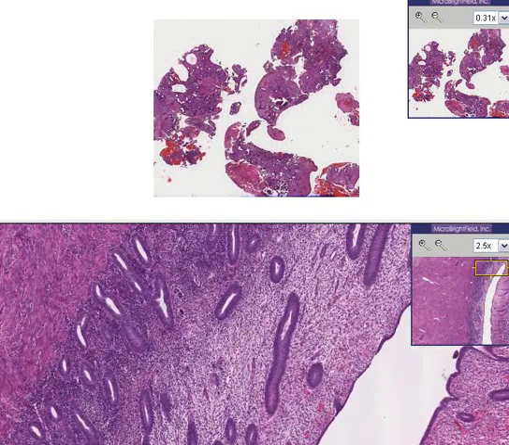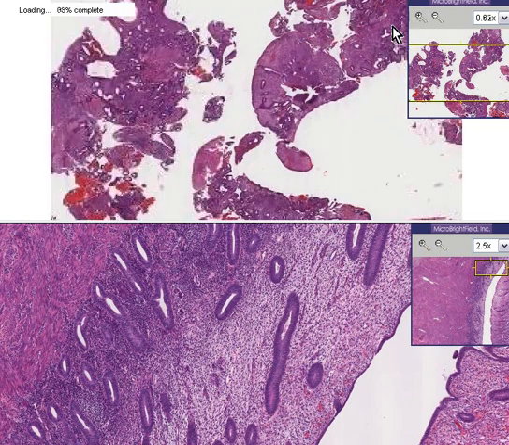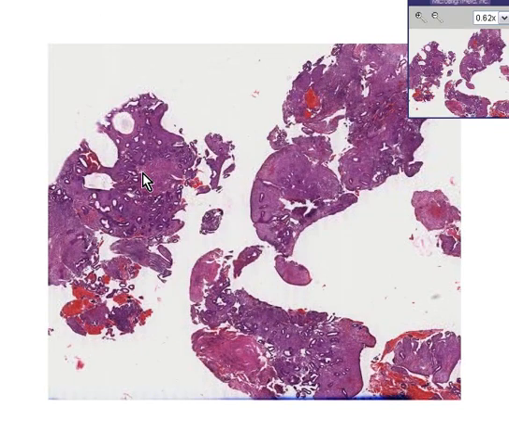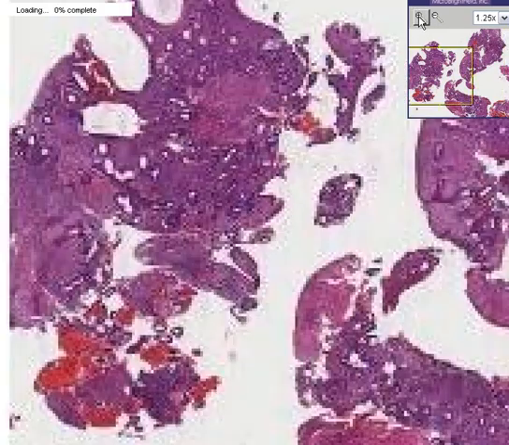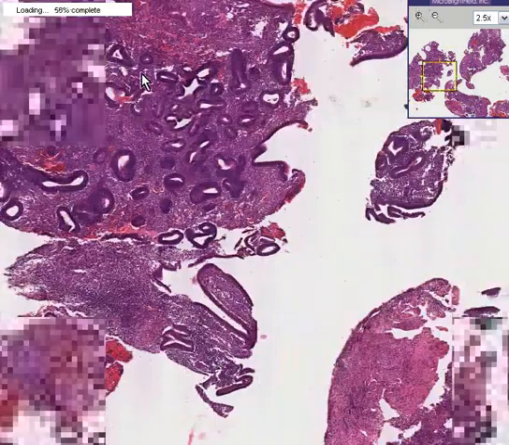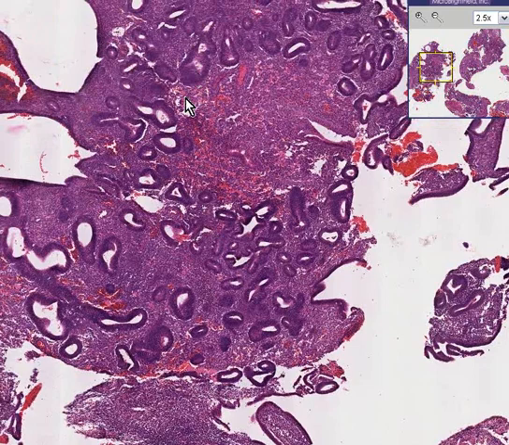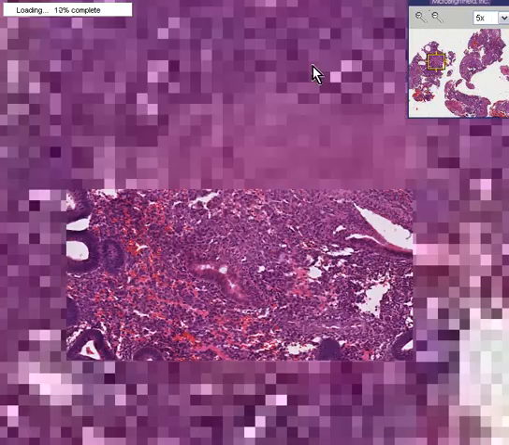Now, in the top field here, we have a concept called hyperplasia, or increased glands. And in hyperplasia, the glandular elements are increased. And here we can see that there are a lot of glands.